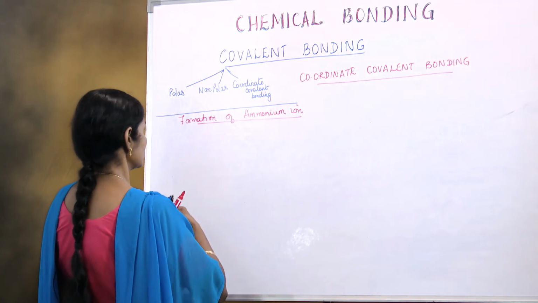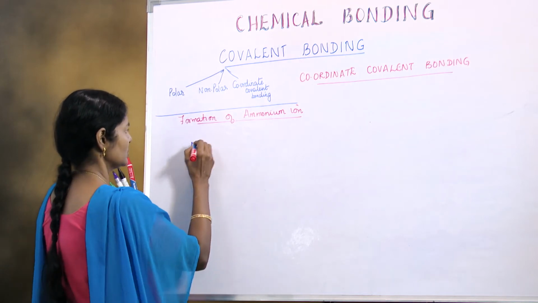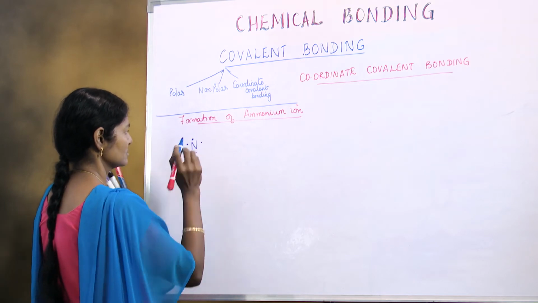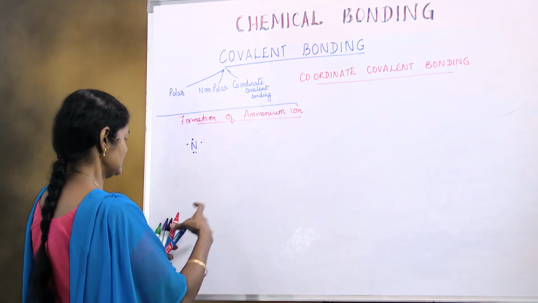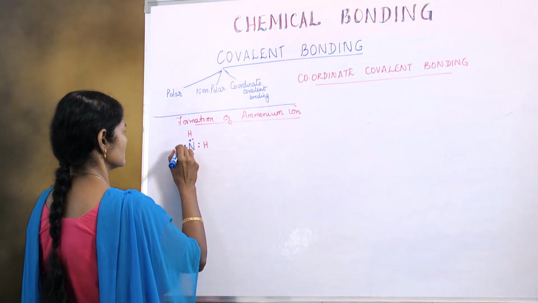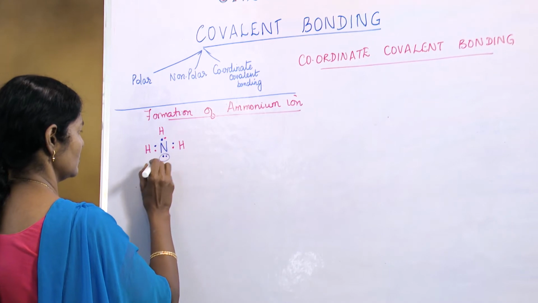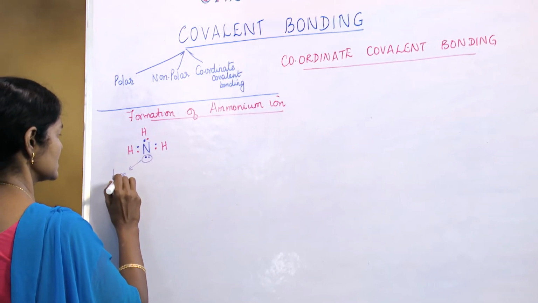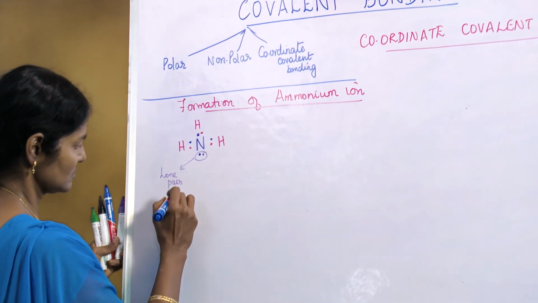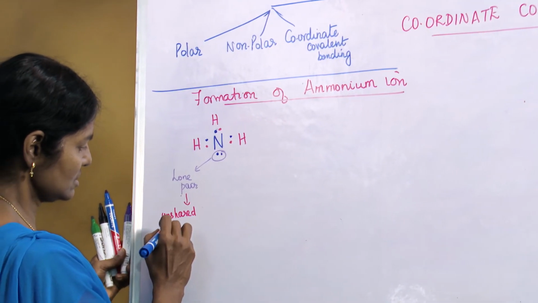So when we start with ammonia, we have nitrogen, and we have one lone pair and 3 electrons here and 3 hydrogen atoms like this. Now there is a lone pair here. A lone pair is an unshared pair of electrons. Any unshared pair is called a lone pair.